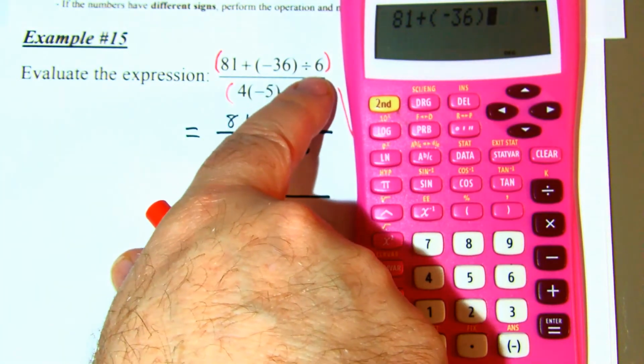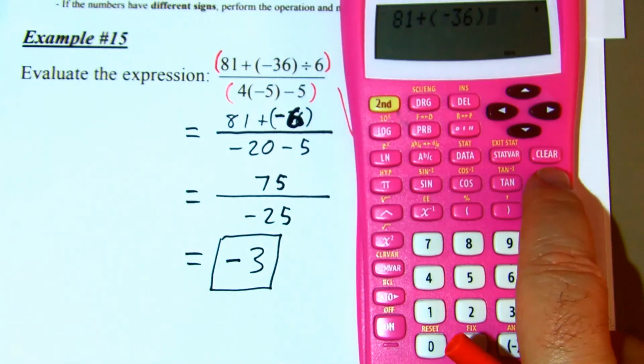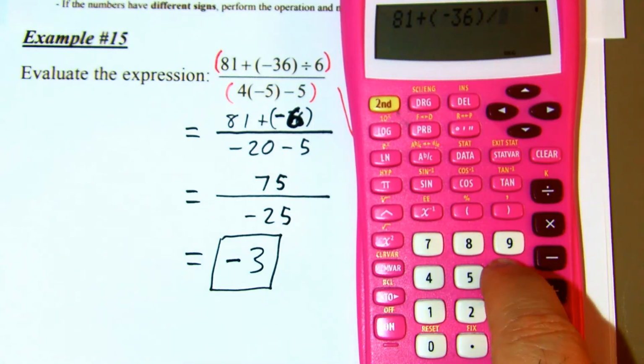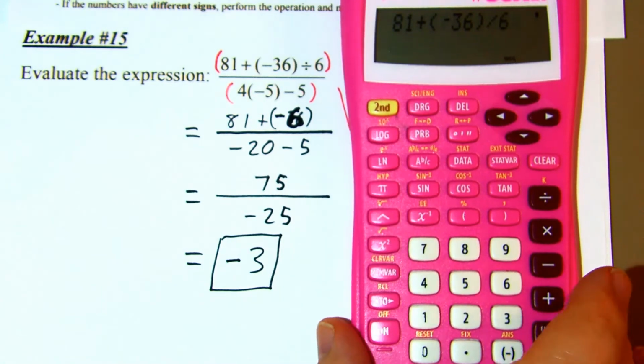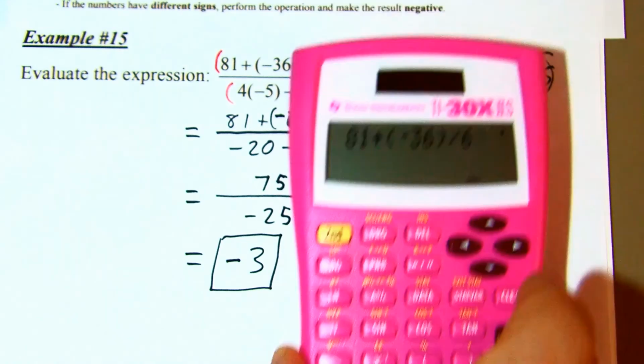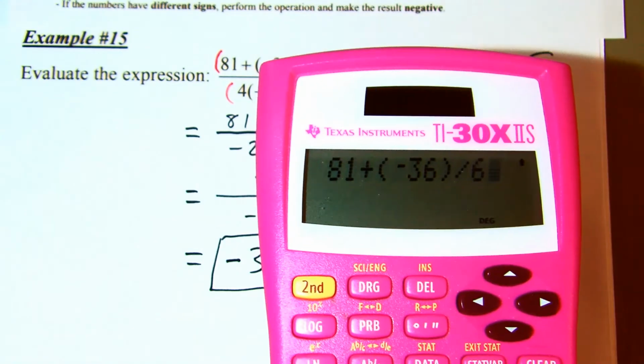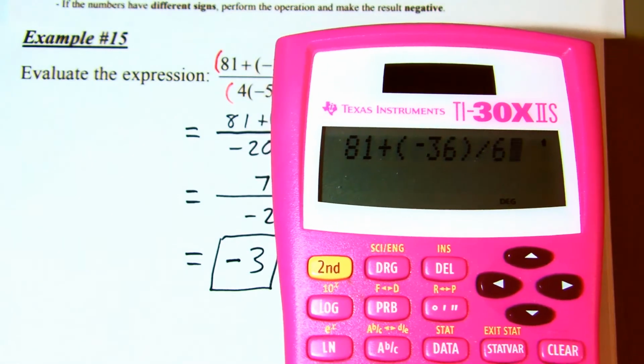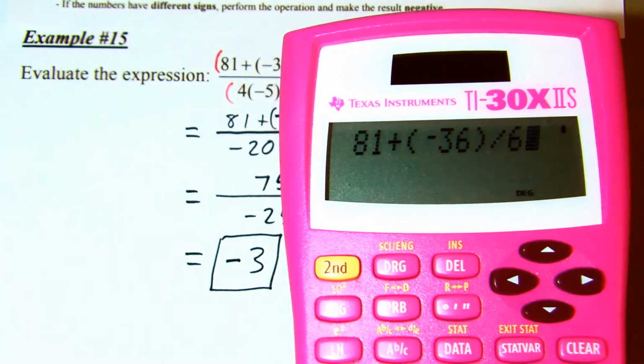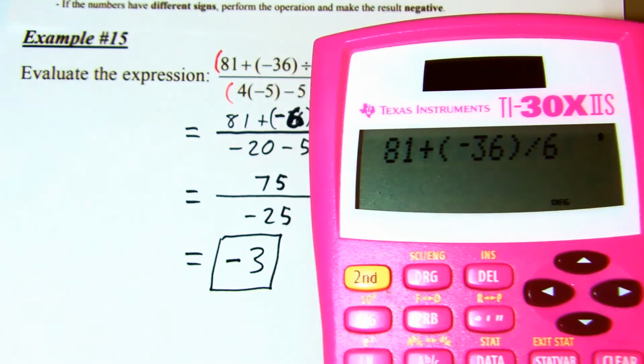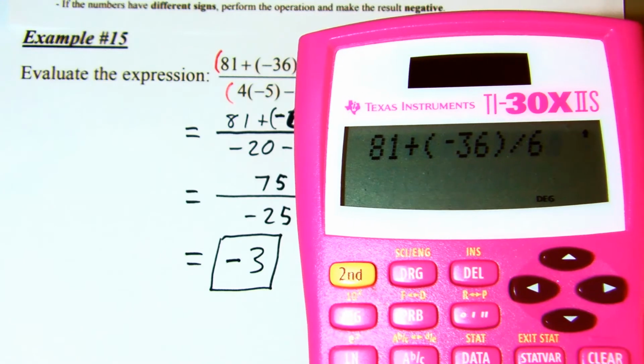And I'm going to hit divided by 6. That's the division button. And I hit 6. Before I hit equals, I'm going to tilt this a little bit so you can see the display. Notice it's showing me like a /6, like a fractional version. That's just how it shows the division symbol on my calculator. But it's still the right expression.